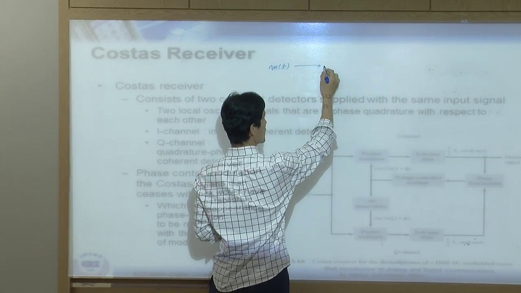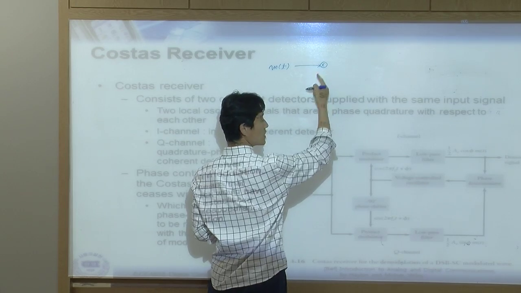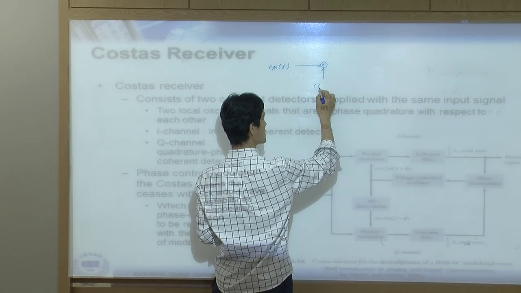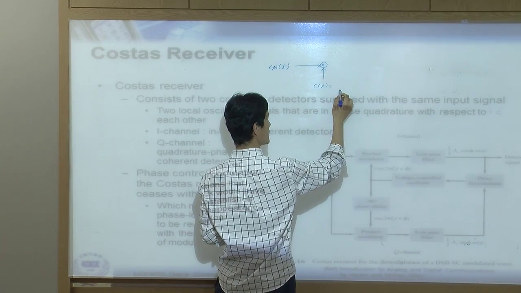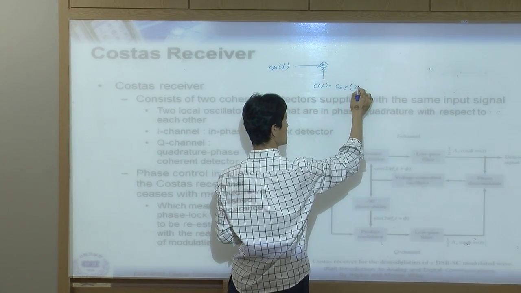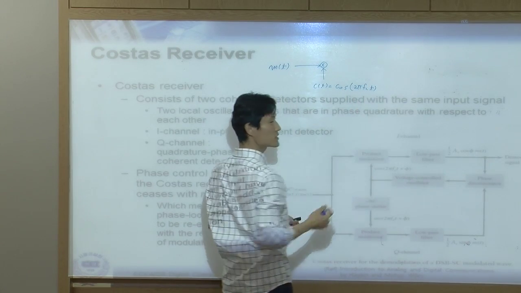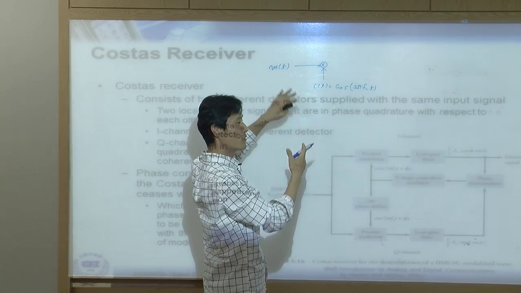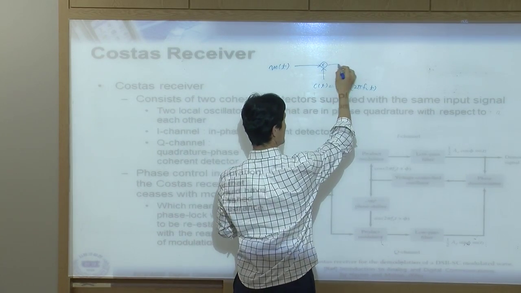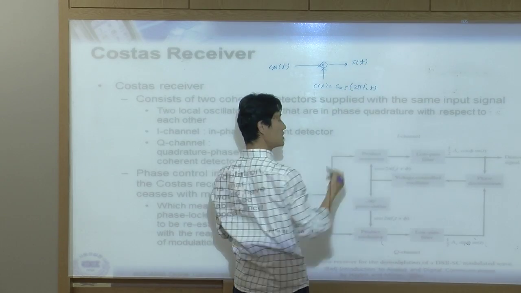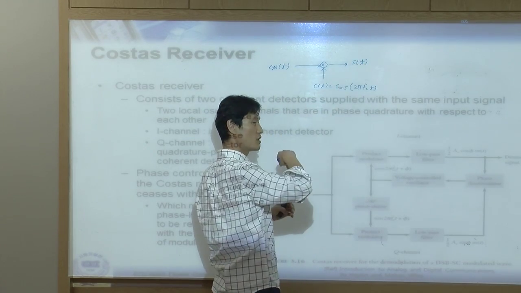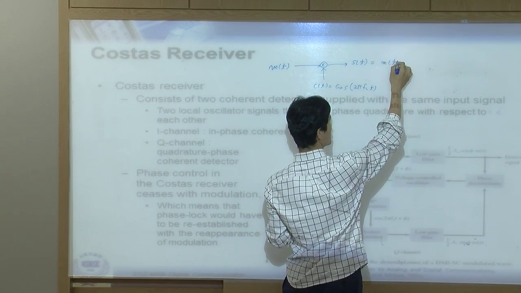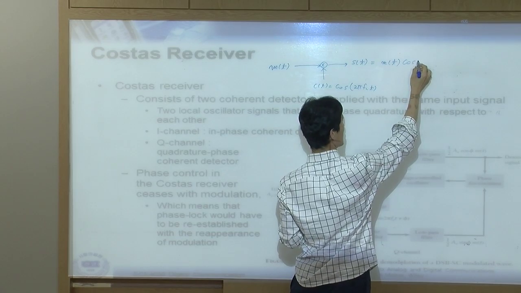This message will go into what we call a product modulator or mixer, and we multiply it by our carrier, c(t). This carrier is going to be cosine 2 pi f_c t. That is the carrier we use. Simply, we just multiply our message with the carrier, and then you transmit. So this s(t) is what we transmit over the air. This transmitted signal is simply the multiplication of message and carrier.